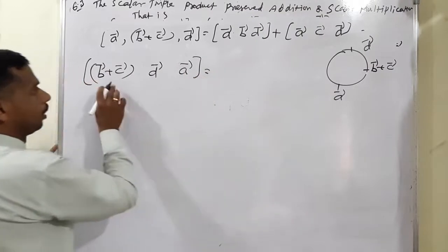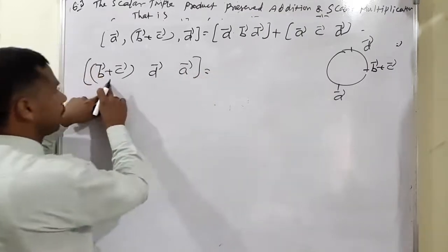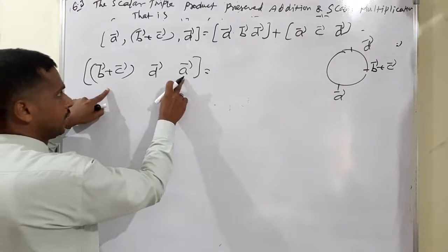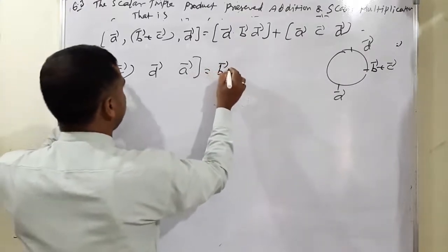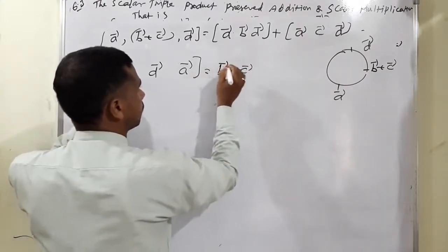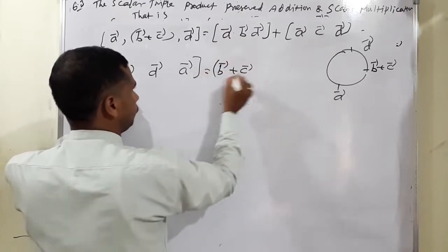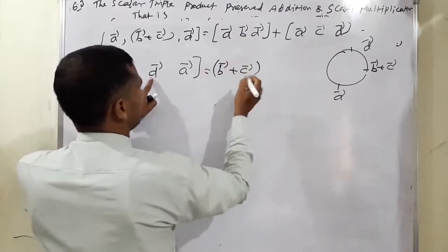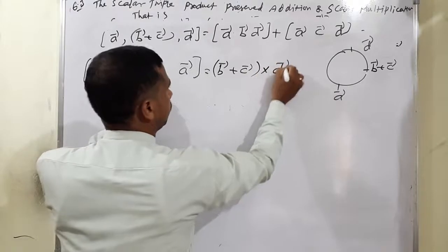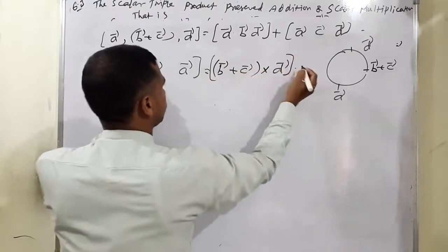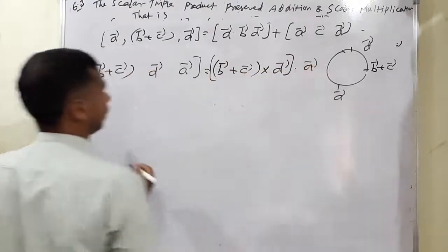Therefore, according to the scalar triple product, A vector cross B vector dot C vector, so here (B vector plus C vector) cross D vector, then outside dot A vector.